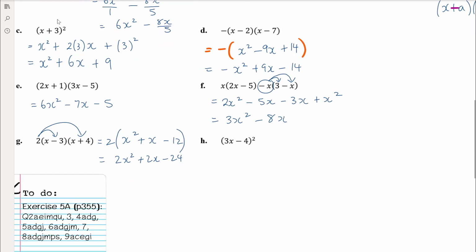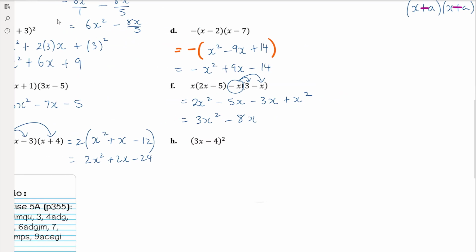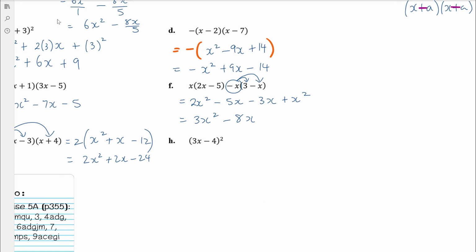And lastly here, I'm going to add one more example on actually because I've left something out. Here we've got a perfect square again, so remembering that our perfect squares, a minus b all squared is a squared minus 2ab plus b squared. So same thing here, this is a, this is b. So we're going to have a squared, 3x all squared, minus, because of the minus in the brackets, 2 times a, which is 3x, and times b, which is 4, and then plus b squared, so plus 4 squared, so plus 16.